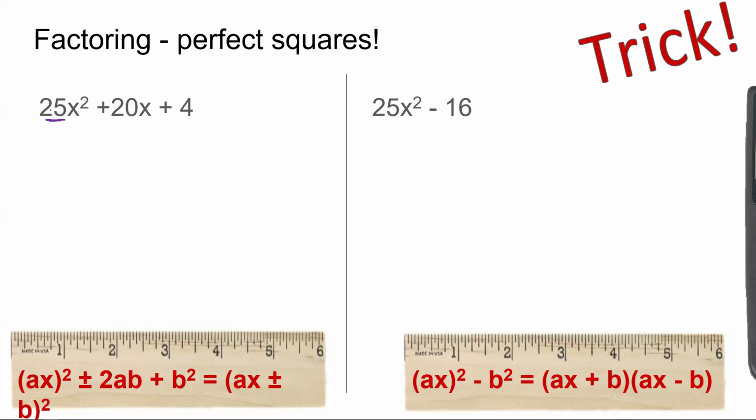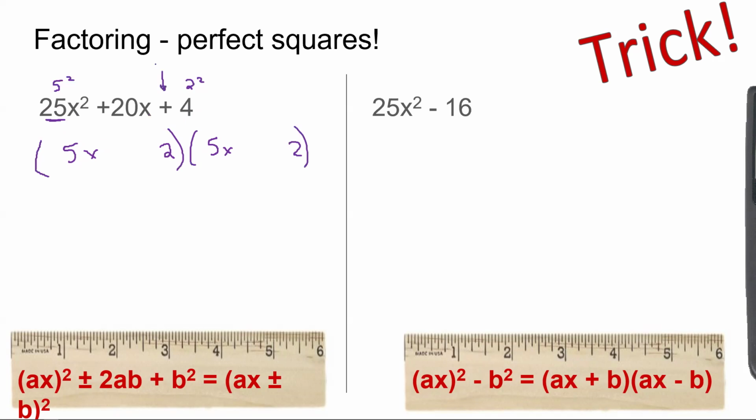But I do know that 25 is really 5 squared and 4 is 2 squared. So I'm watching that list of perfect squares that we put up a while back, and I'm wondering if I could do this, where the square root of 25x squared is 5x, and I put that in both first terms, and the square root of 4 is 2, and I've got that.